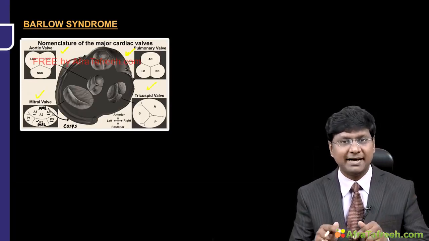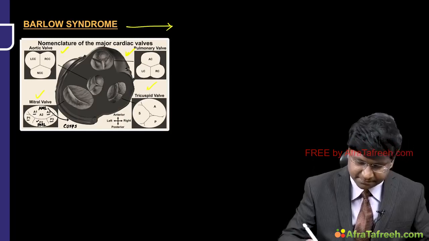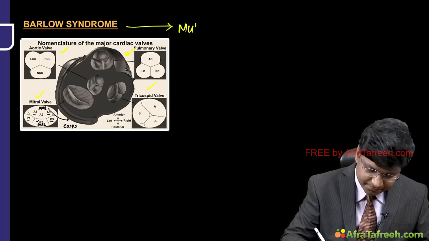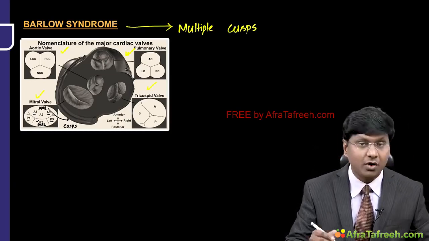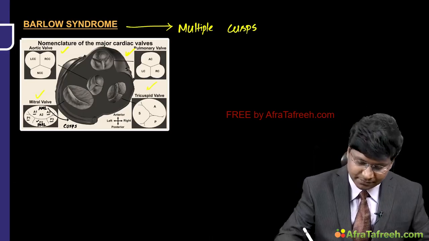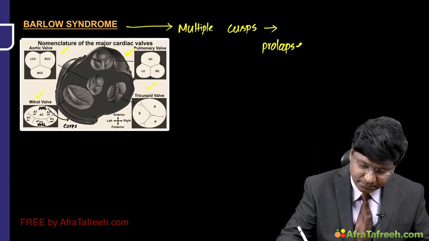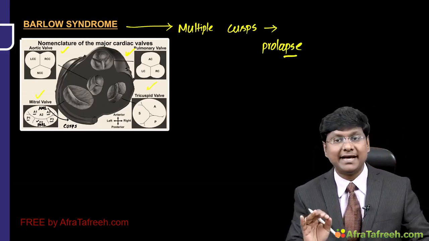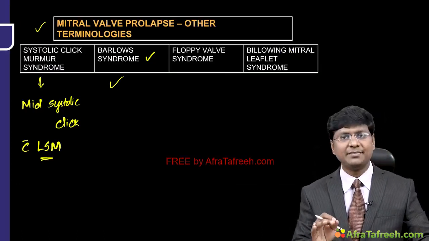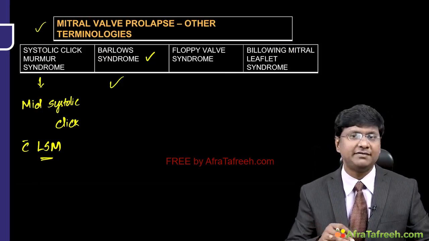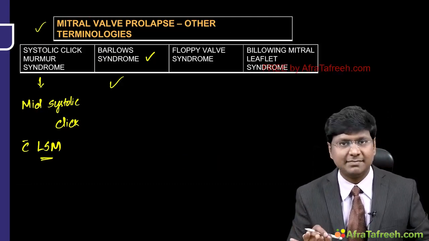But why is it called Barlow's syndrome? If multiple cusps of the mitral valve leaflets prolapse into the left atrium during LV systole, then we call it Barlow's syndrome.